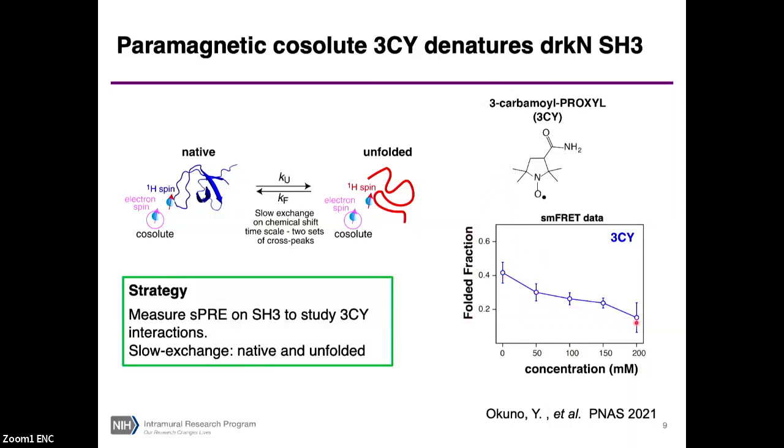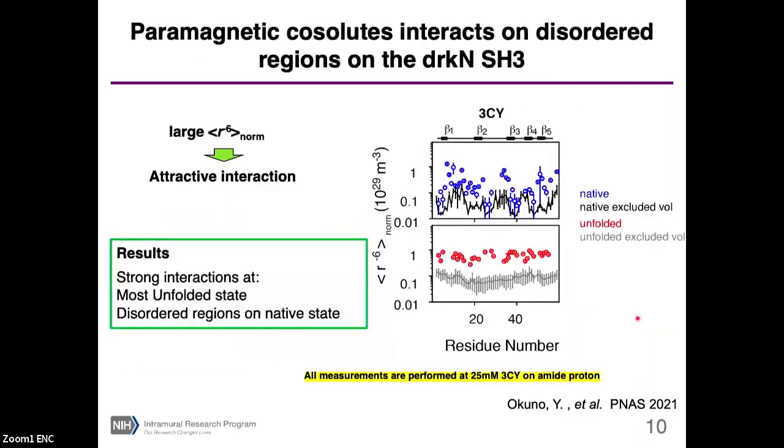But as you add about 200 millimolar concentration of 3CY, the folded fraction becomes 20%. So basically, it denatures these proteins. So the idea is by studying how this 3CY interacts on the proteins on the native state or unfolded state, we want to get the insight about how this chemical denaturation mechanism works. And this is exactly what we did.